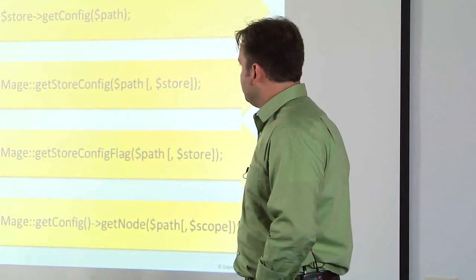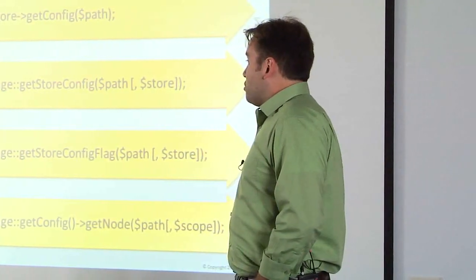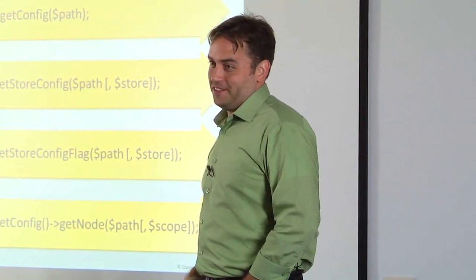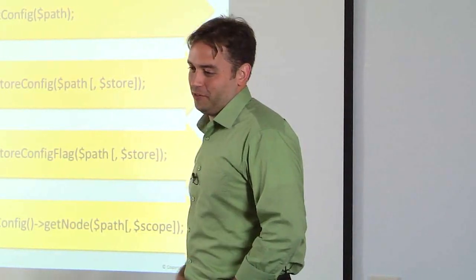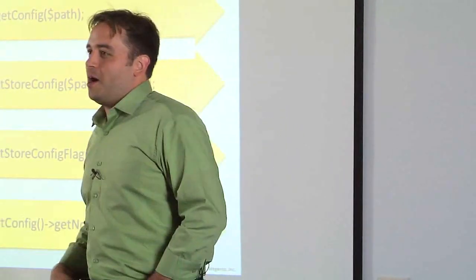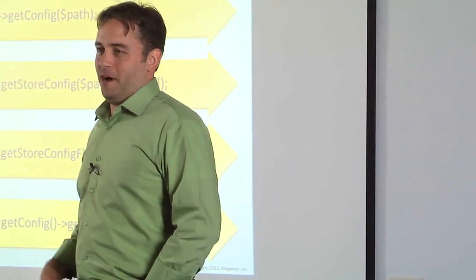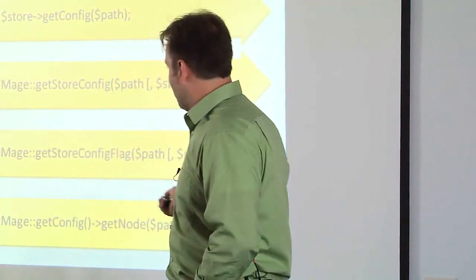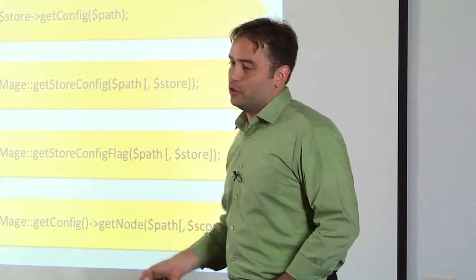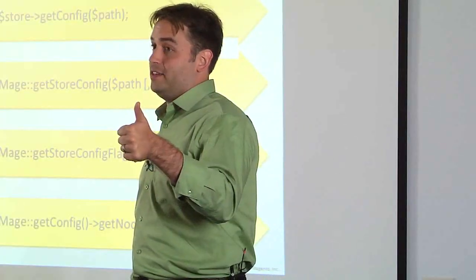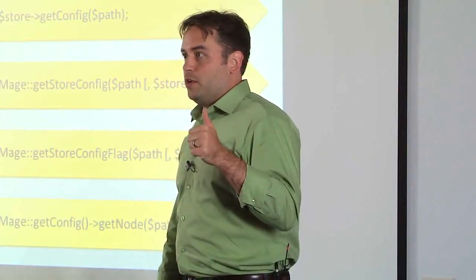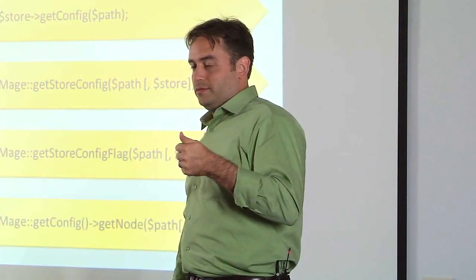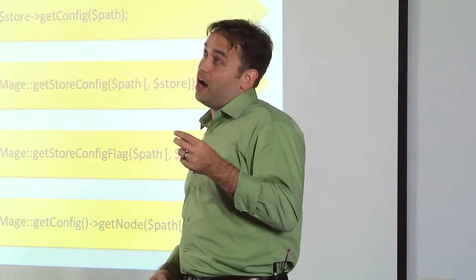Now, if we want to check a flag in the configuration, that's a problem, certainly in PHP, because if you have a string it will always evaluate to true. So there's this function here, getStoreConfigFlag, and it looks to see if the node is defined and if the node is true, or actually if it's not false.